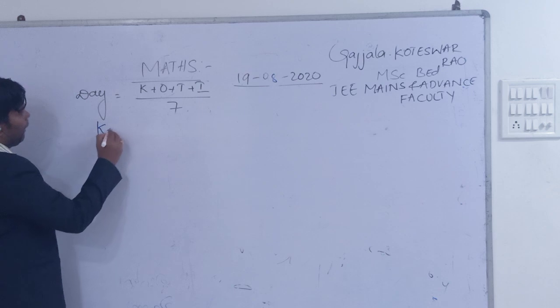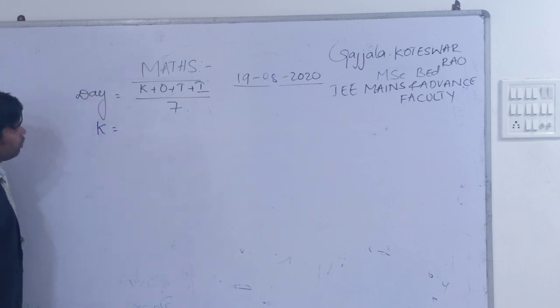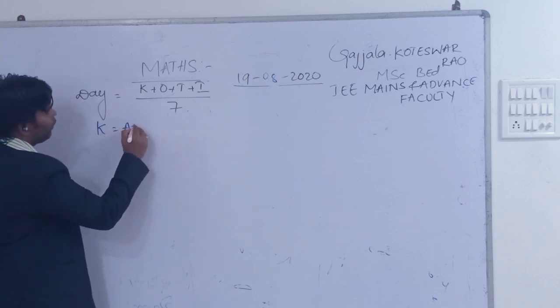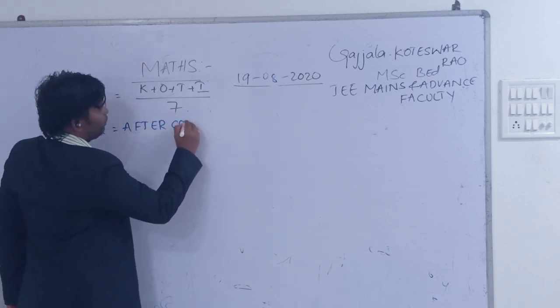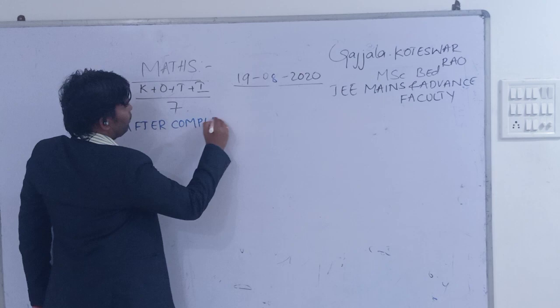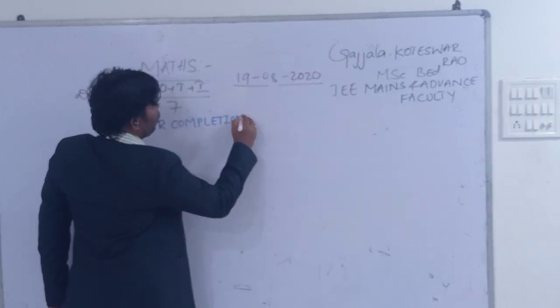K stands for the number of years completed after completion of centuries.